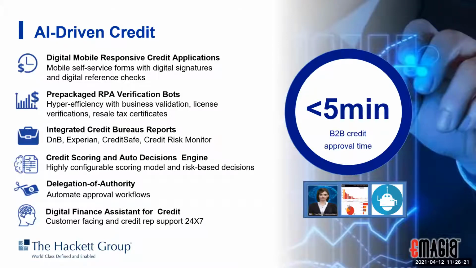In cases where you need some level of attention, with all of the automated digital trade reference checks, automated bots to be able to do resale certificates, or process credit holds, credit releases, all of that, in most cases we are able to bring this down to a few minutes.